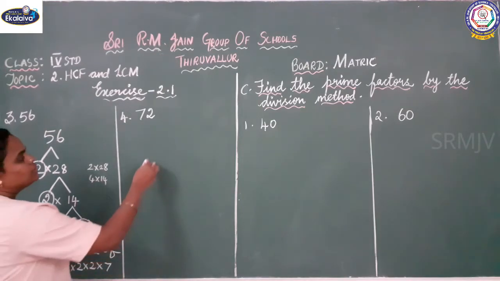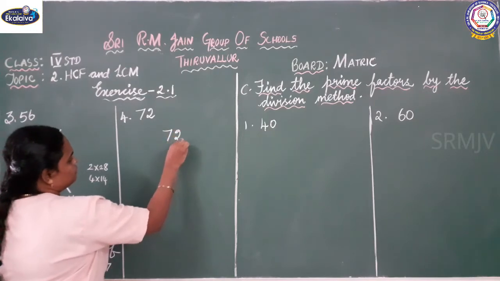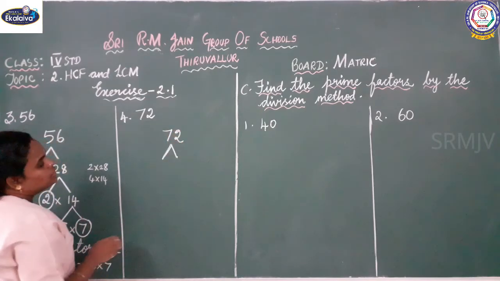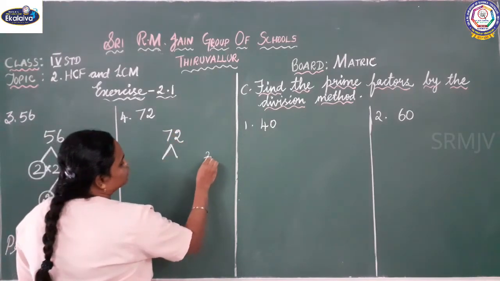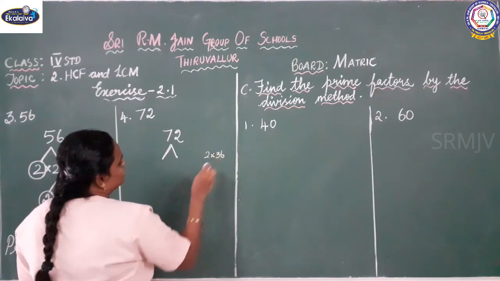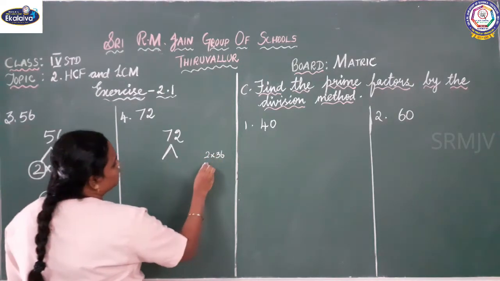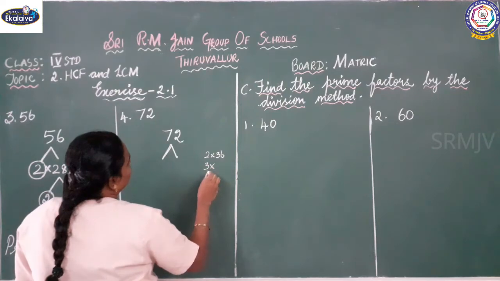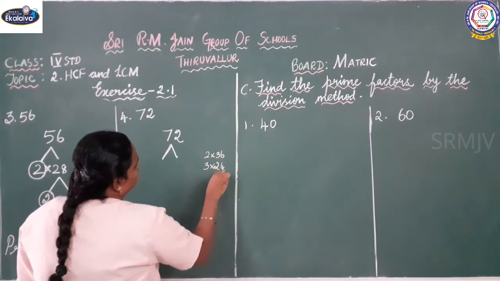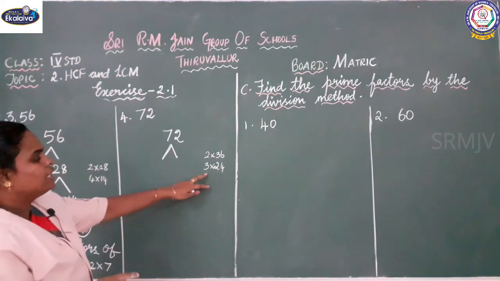Next one, 72. So we'll write factors of 72. We can write 2 36s are 72. Then in the 3 table, 3 24s are 72.